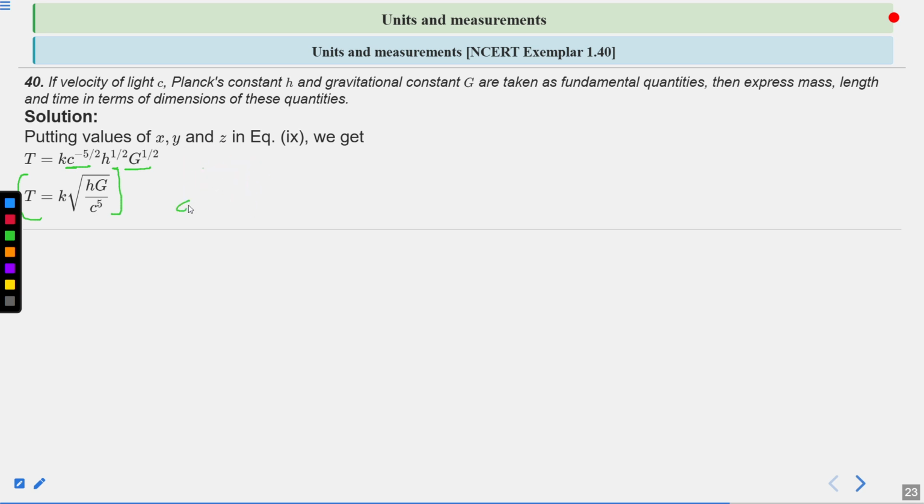And if we talk about c raised to the power minus 5 by 2, it is 1 upon c raised to the power 5 by 2. So for simplicity, we convert c raised to the power minus 5 by 2 in terms of this. Clear?